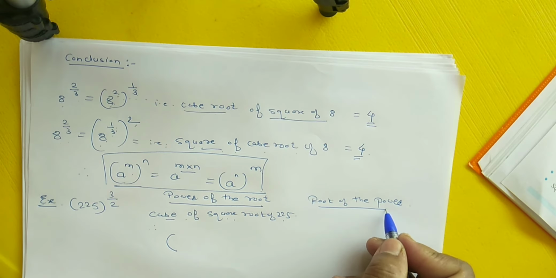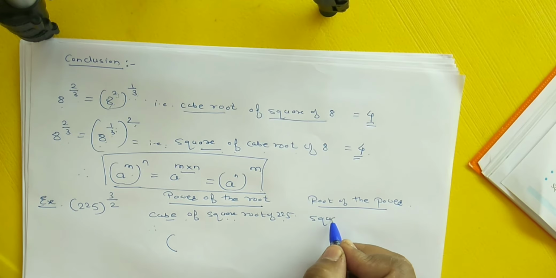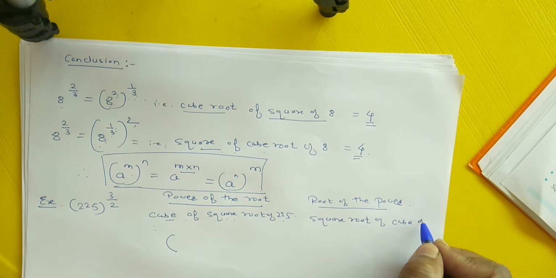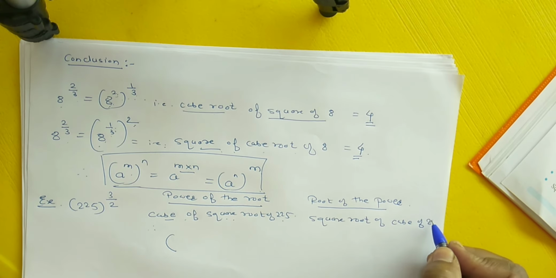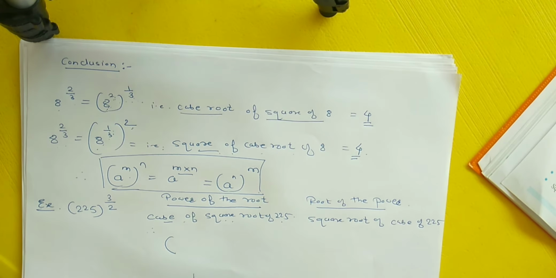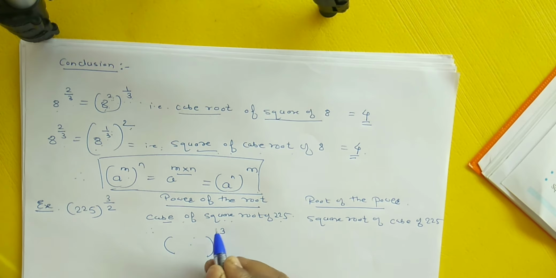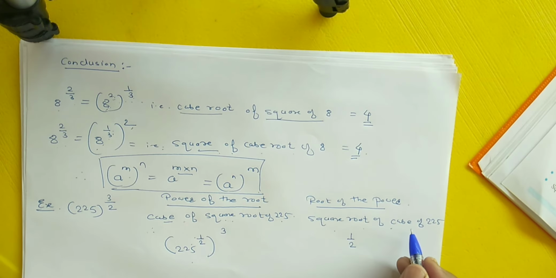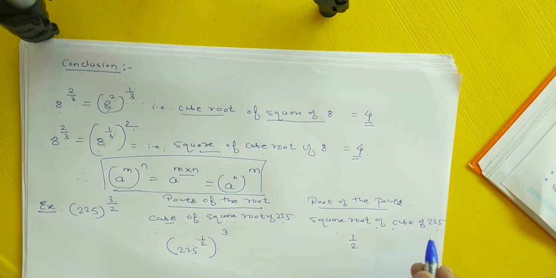So here we can write the root of the power, that is the square root of the cube of 225. How can we write it in the form of numbers? Here is the cube of the square root of 225, so 225 to the power 1 by 2, the square root, of the cube of 225.